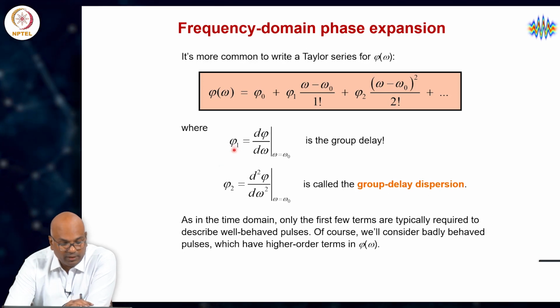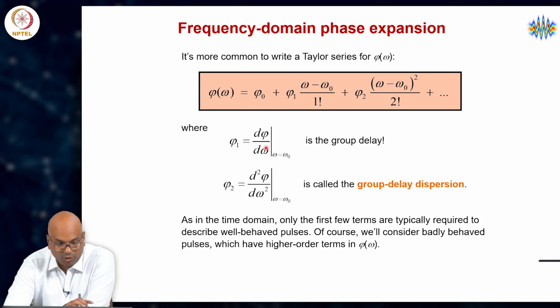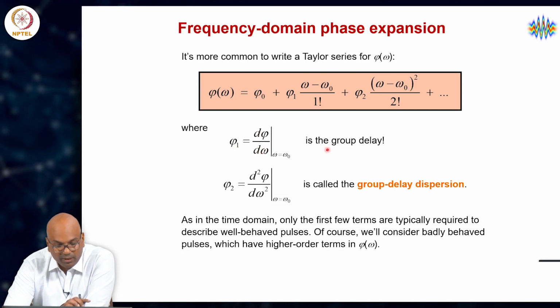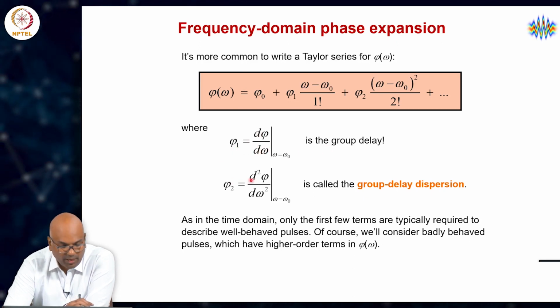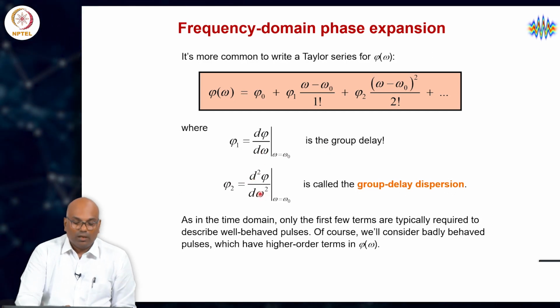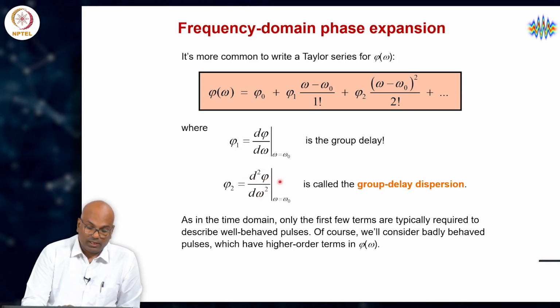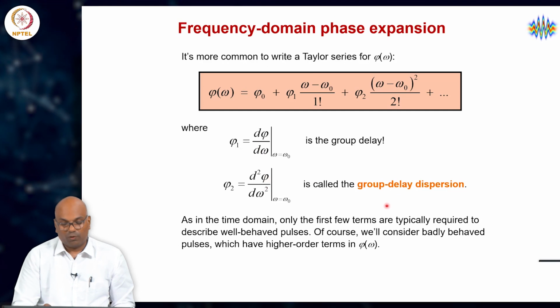But then the way to understand phi 1 is what we already saw. D phi by d omega is the group delay, okay, and the variation of d phi by d omega, that is the derivative of this one taken once again, is the dispersion of group delay or group delay dispersion.